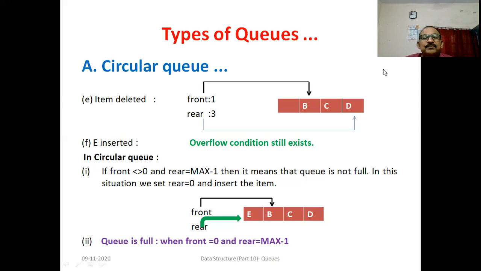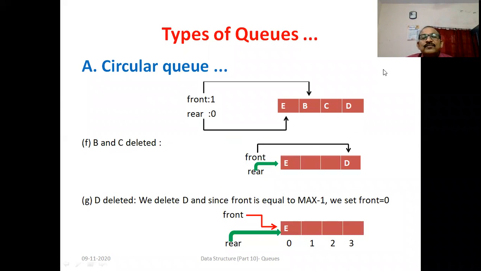Other case, suppose this is the case. Front has value 1 and rear has value 0. Now B and C are deleted. Front is now pointing to D and rear is pointing to E. Again we perform a delete operation.